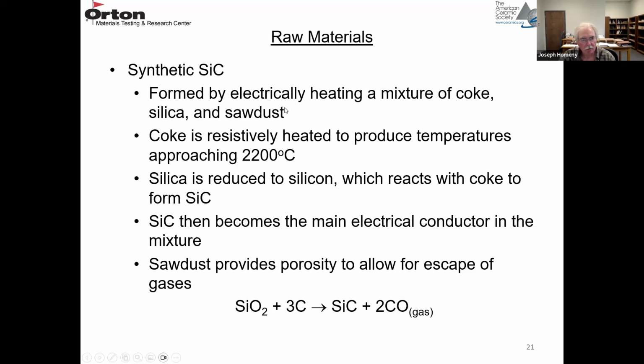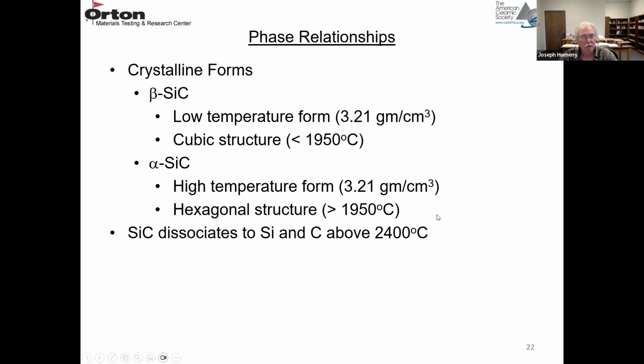The reason why you add sawdust, it just burns off and leaves porosity that allows for gases to escape. So the reaction is silica, SiO2, plus carbon, forming silicon carbide plus carbon monoxide gas, which comes off through the porosity. So these are rather long, large furnaces, similar to the Atchison type furnace. It's basically the same as an Atchison type furnace.